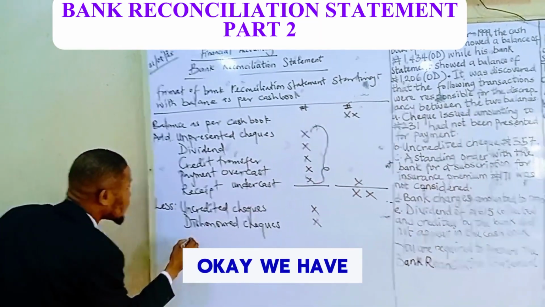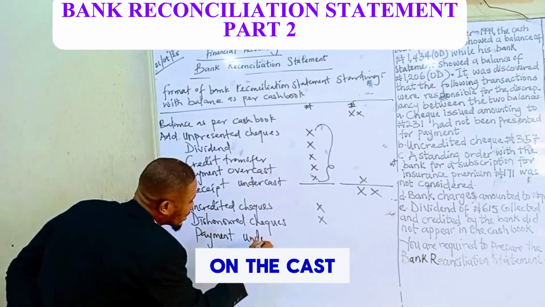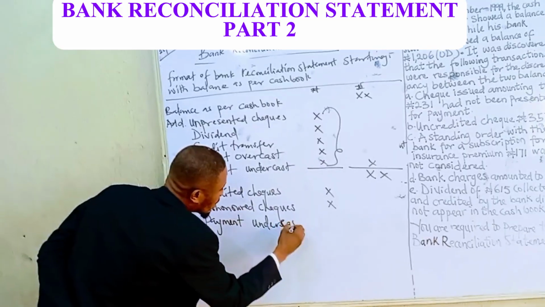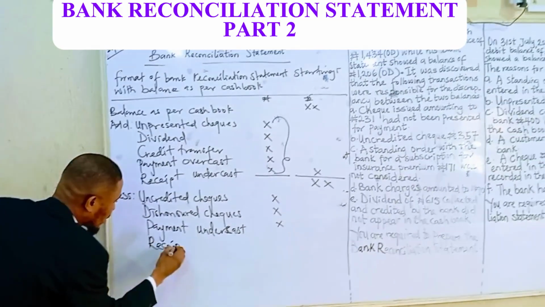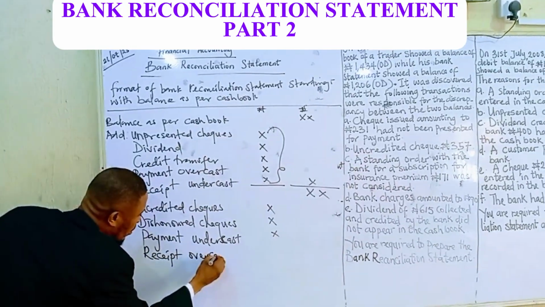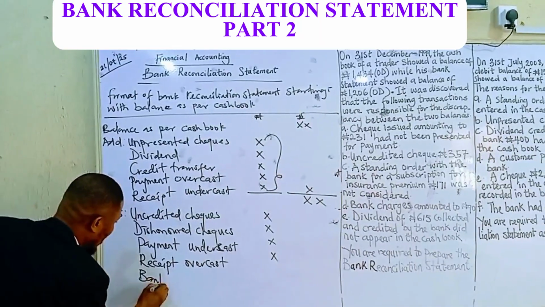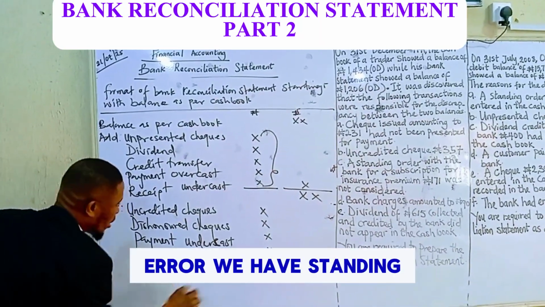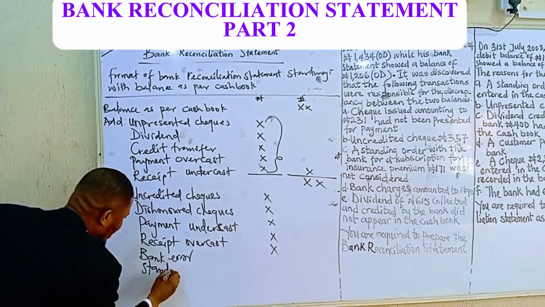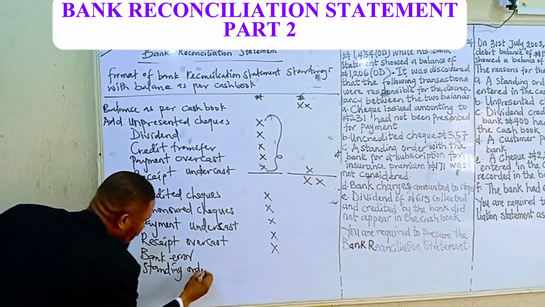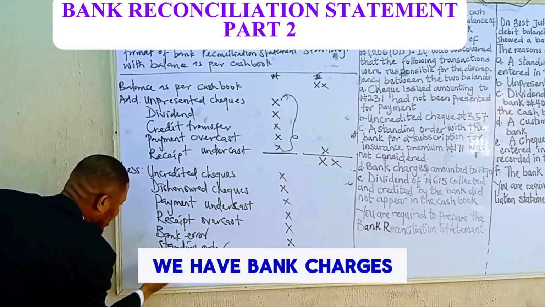We have undercast. We have receipts overcast. We have bank error. We have standing order. We have bank charges.